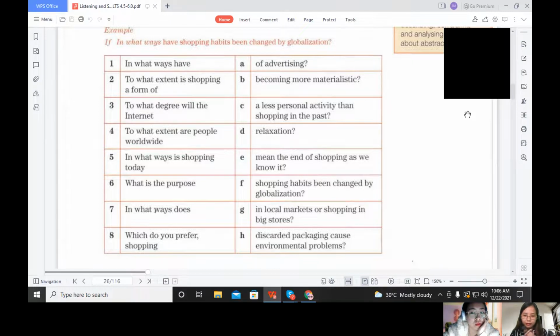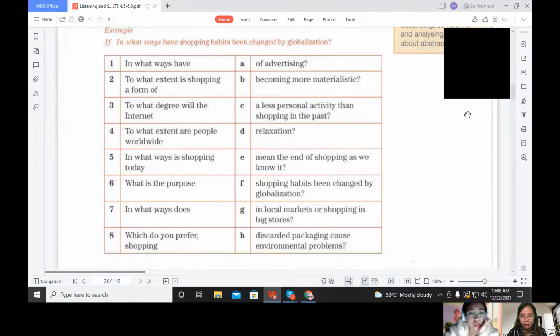In my opinion, shopping habits have been changed by globalization. They not only buy things in cosmetics, but also buy things in any country in the world.